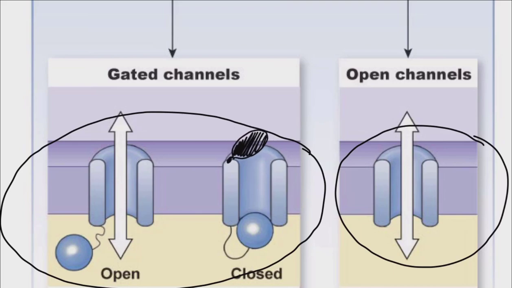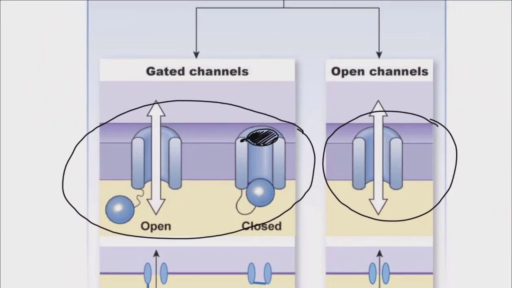Something like that and that. Open, closed. So when a gated channel is open, diffusion is allowed to happen. When a gated channel is closed, diffusion stops.